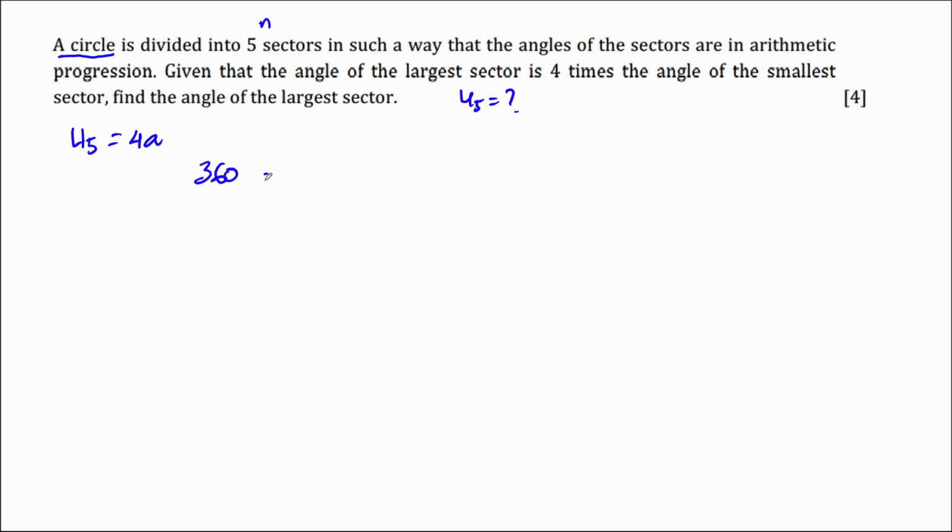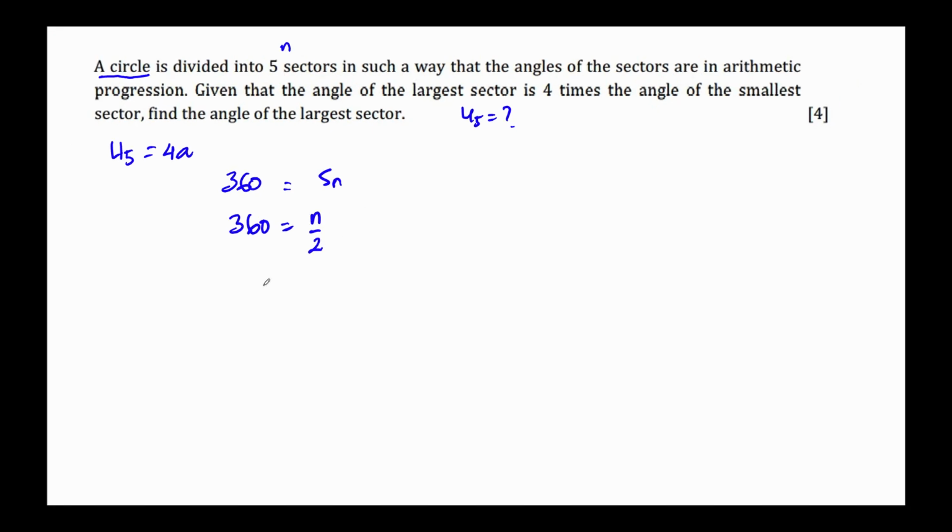So the total angle of all sectors will be 360. In this case, Sn. So 360 equals to, but since n equals 5, we don't use Sn anymore, we use S5.